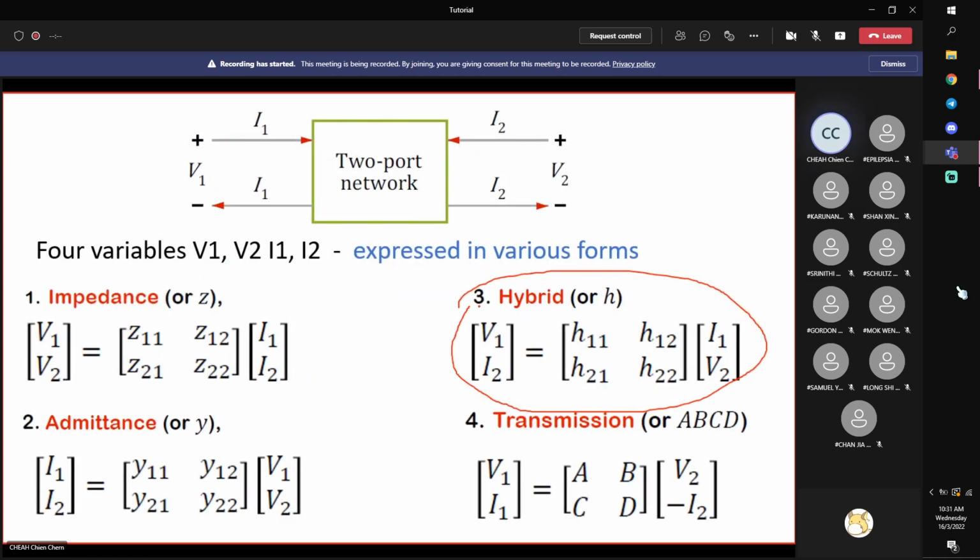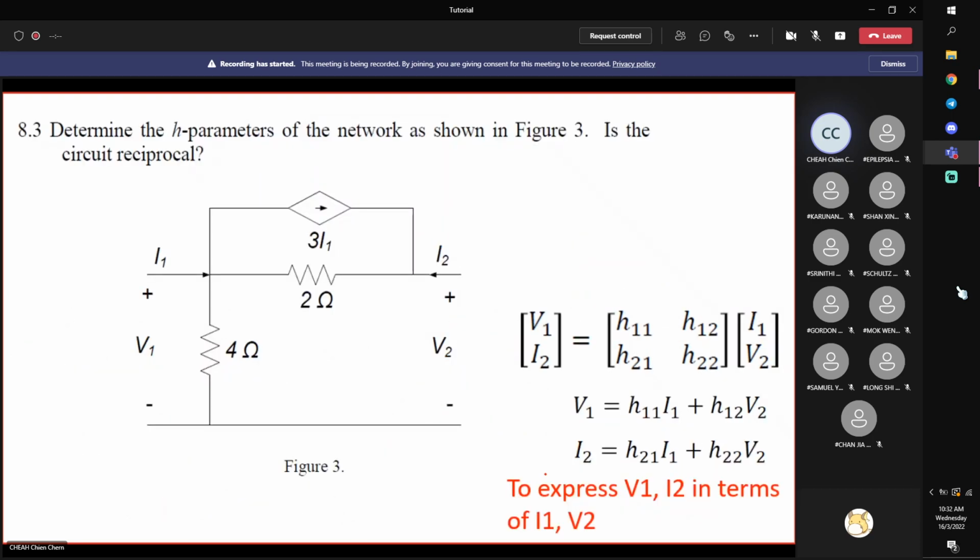H parameter is in this form, given I1, V2, find V1, I2. As I said, it is basically a combination of these. By deleting this and combining them, you get this one. Or you just simply remember what is the output and what is the input.